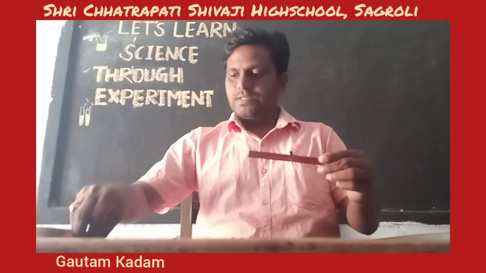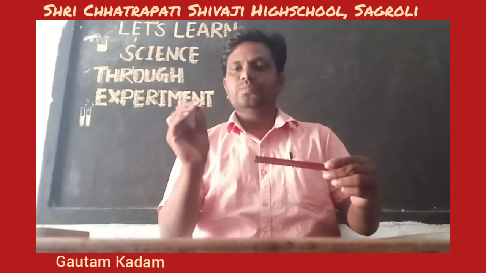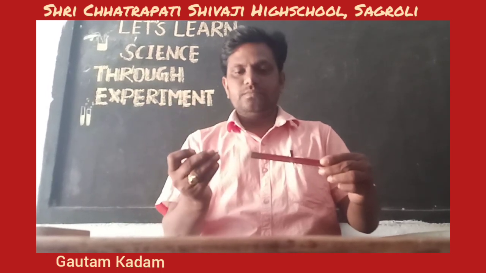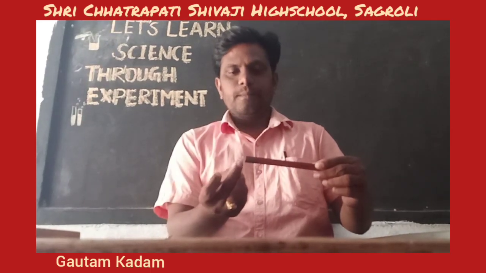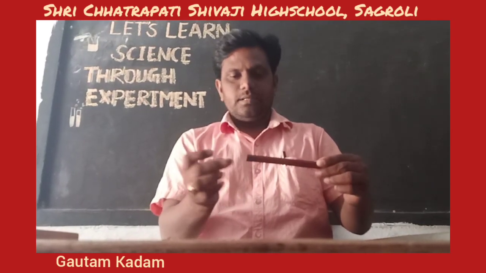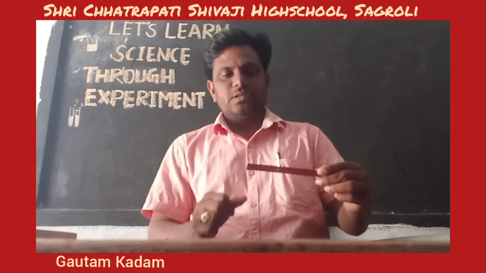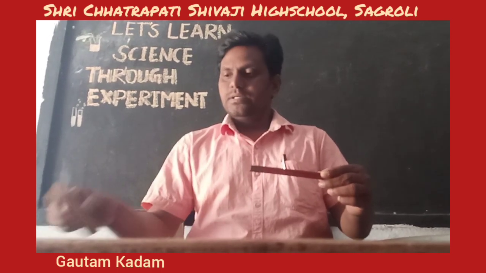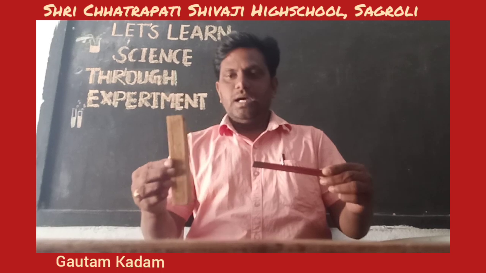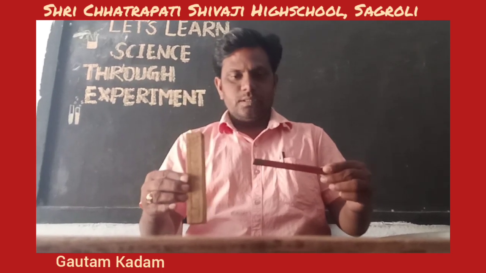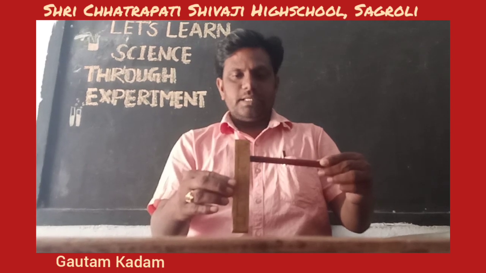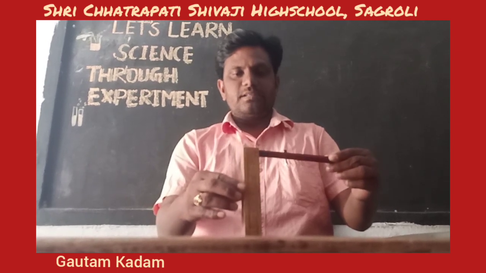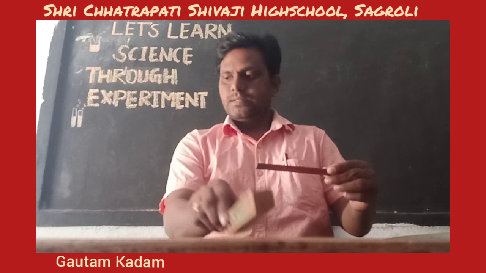So this is aluminium, and when aluminium is kept closer to the magnet, then it also does not attract towards the magnet. This is wood, and when wood is kept closer to the magnet, then it also does not attract towards the magnet.